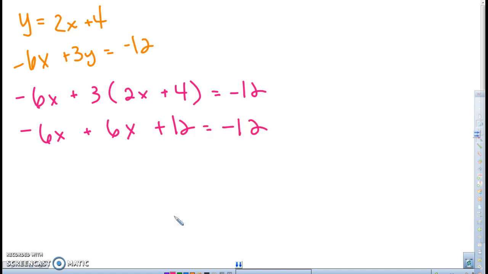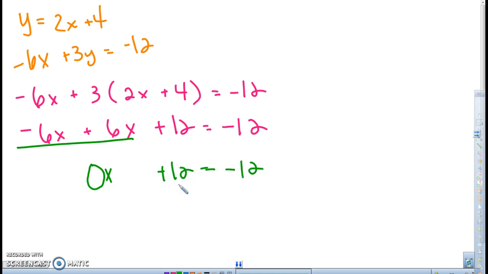So if you notice, when we get to this step, we have -6x plus 6x plus 12 equals -12. But if I combine like terms, the -6x and the plus 6x, that gives me 0x. And all I have left is that plus 12 equal to -12. Does plus 12 equal -12?